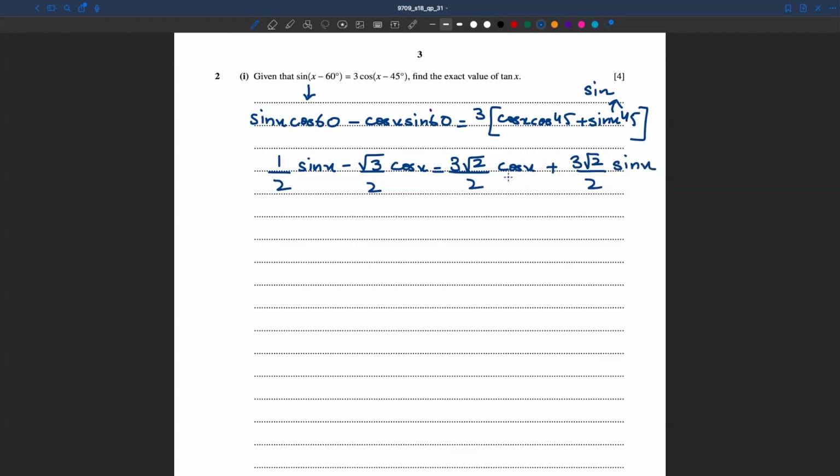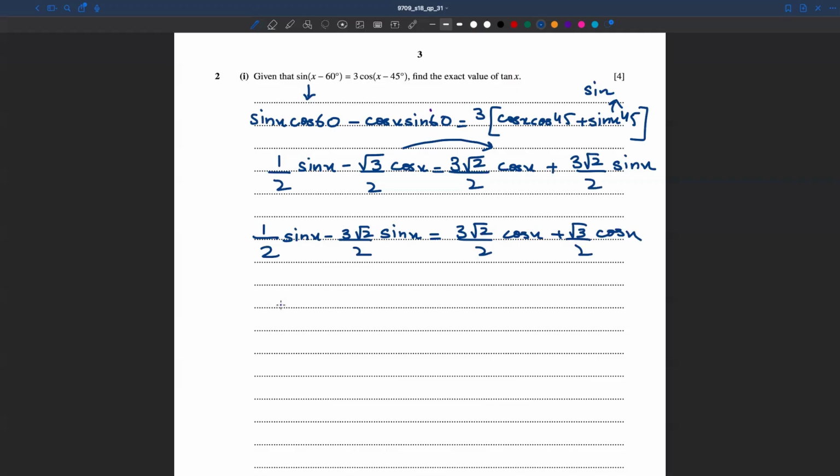Now to simplify, bring the cos terms together and the sin terms together. So this will be 1 upon 2 sin x minus 3 root 2 upon 2 sin x is equal to 3 root 2 upon 2 cos x plus root 3 upon 2 cos x.